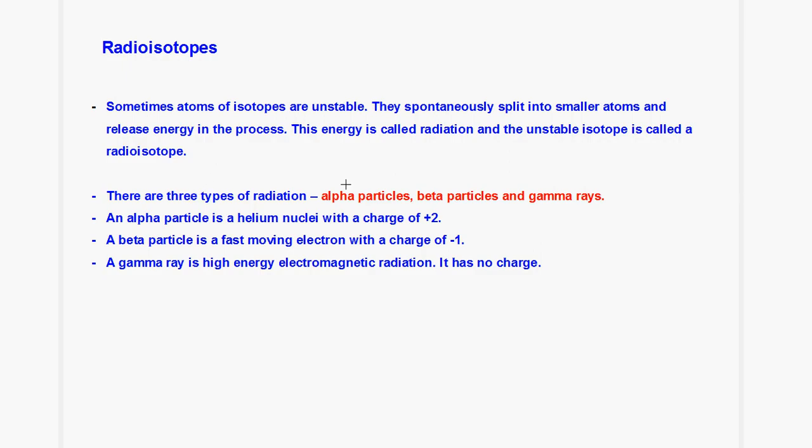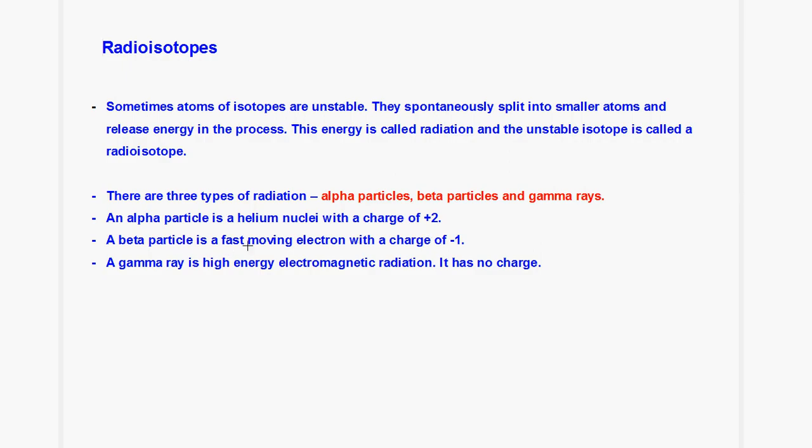Now, there are three types of radiation. We have alpha particles, beta particles, and gamma rays. Alpha and beta are particles, and gamma radiation is an electromagnetic wave. An alpha particle is simply a helium nucleus with a +2 charge.